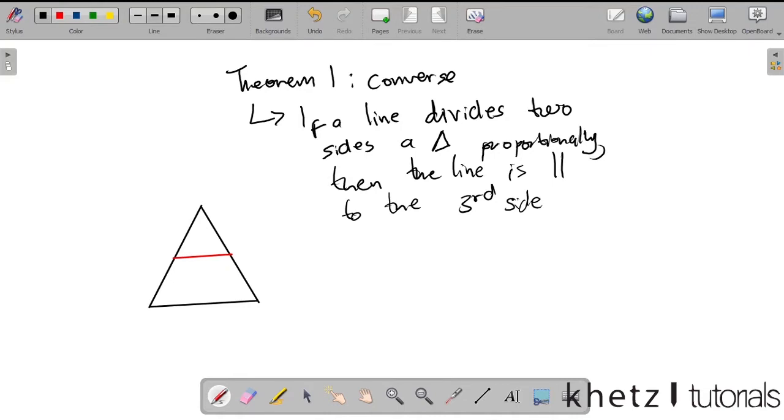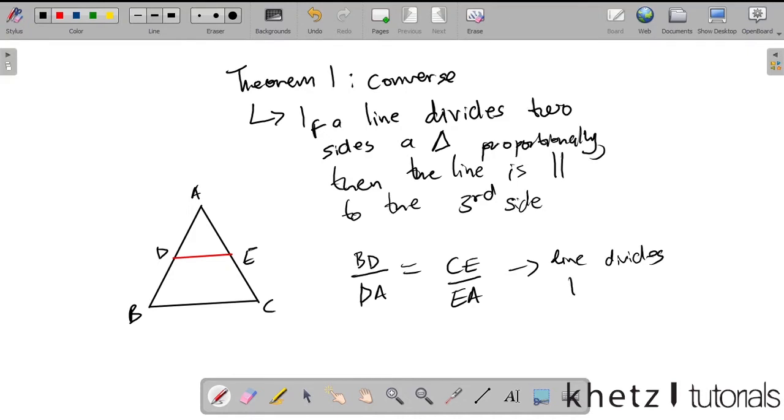If we're given values for each of the sides on this triangle, and we see that BD divided by DA, for example, is equal to CE divided by EA, then we can conclude that the red line divides the two sides proportionally.